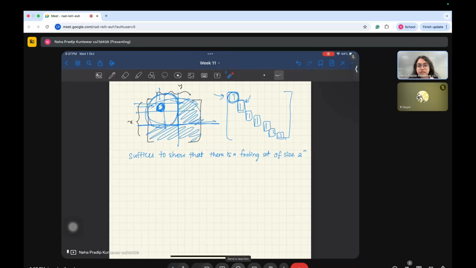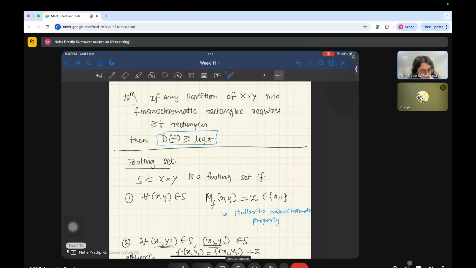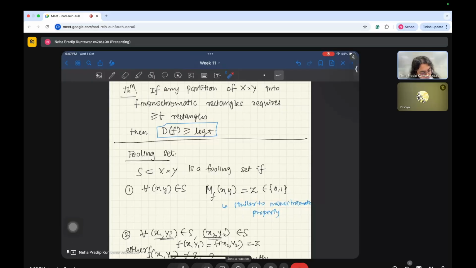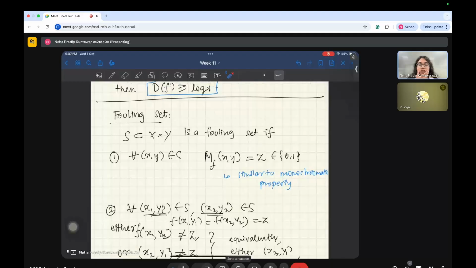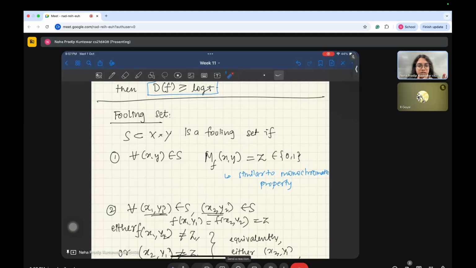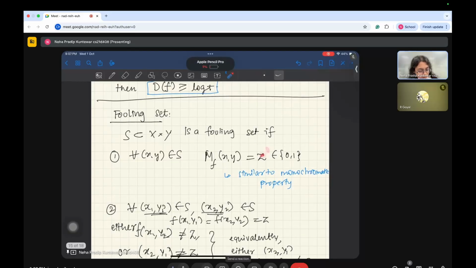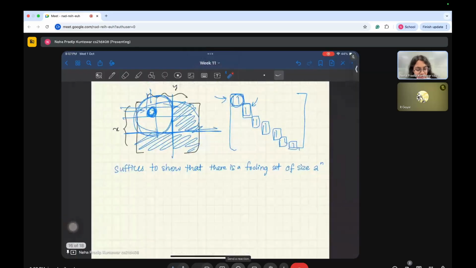So let's say I want all the elements in the set S to evaluate to 1. So what is a natural candidate for S? Let's say all the x comma y pairs that evaluate to 1.